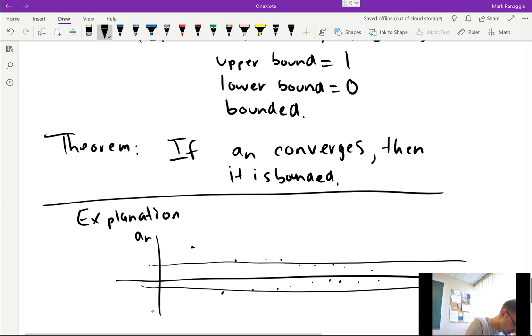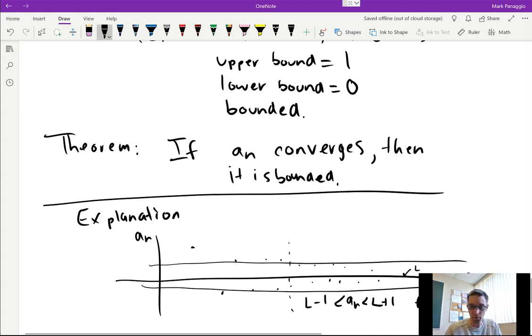Well, that means that beyond some point, it looks like maybe right here, all of the terms are close to the limit. So if I call this limit L, in this case it looks like maybe that's at the x-axis, so maybe that's 0. All of the terms are going to become arbitrarily close to L. And so we could say, for example, that all of the terms are definitely going to be eventually between L plus 1 and L minus 1 for sufficiently large n.